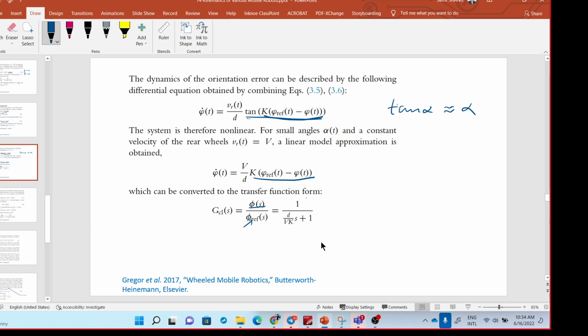So as time tends to infinity, we expect the limit to be 1, which means the output tends to the input.